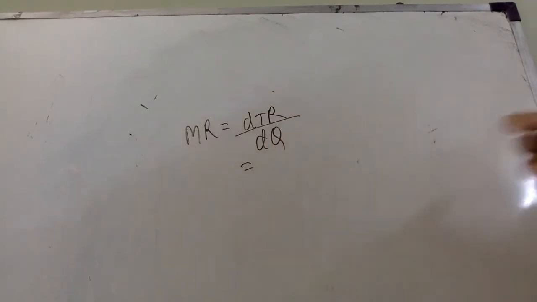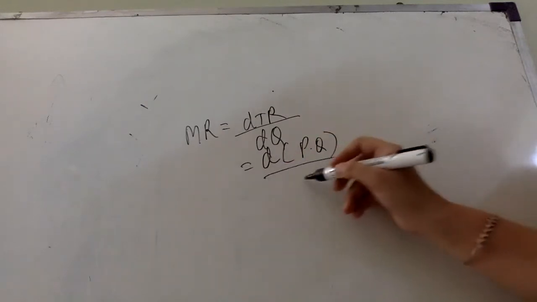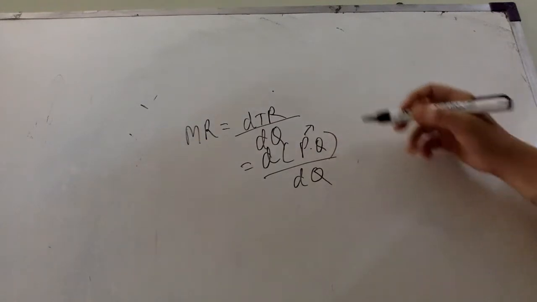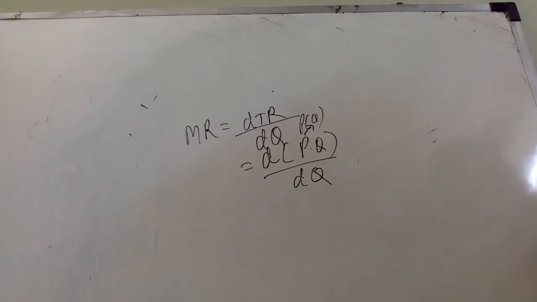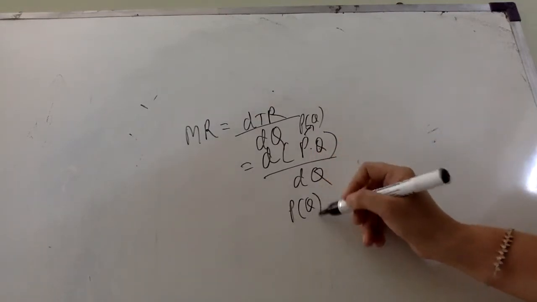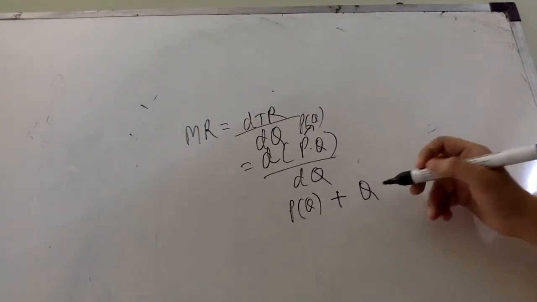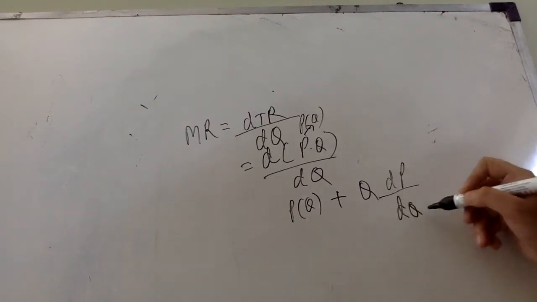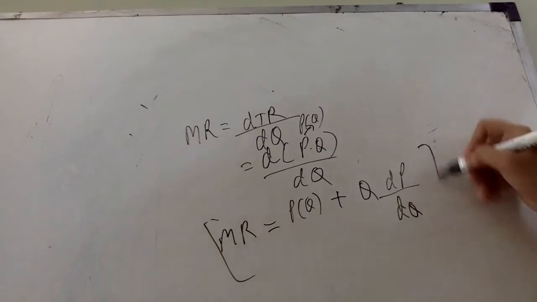I can write total revenue as price times quantity, and this is an inverse demand function, so I can rewrite it as P(Q) times Q. Now differentiating it, I take P(Q) as it is, dQ by dQ is 1, plus Q outside, dP by dQ. This becomes my equation of marginal revenue.